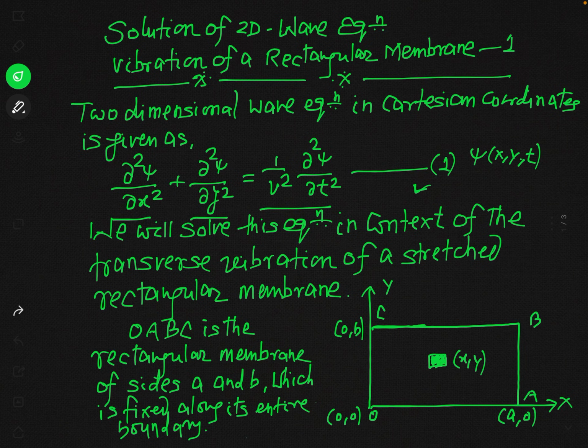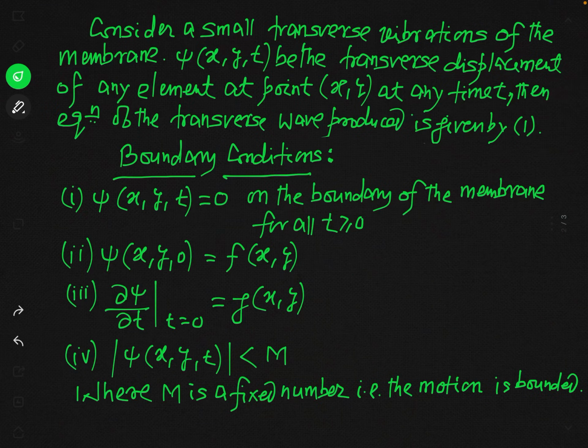So in the context of this transverse vibration of the membrane, our aim is to solve the equation defined in equation 1. For solving this equation, there will be some boundary conditions, and you can see what the appropriate boundary conditions are for the solution of this problem.